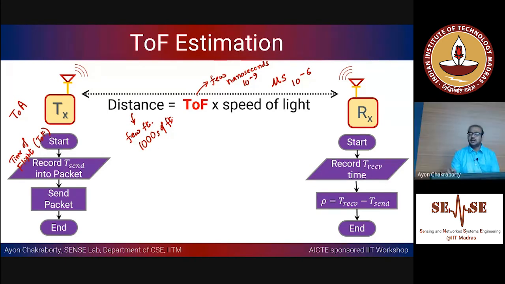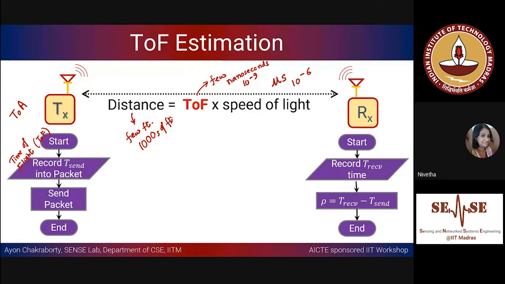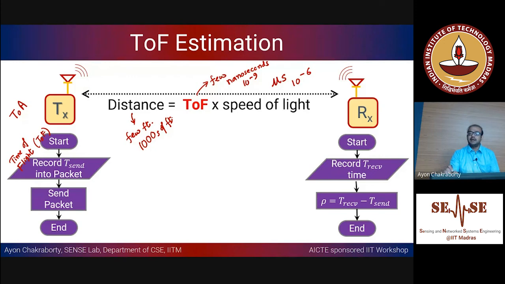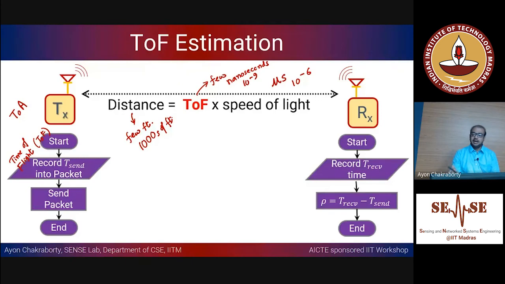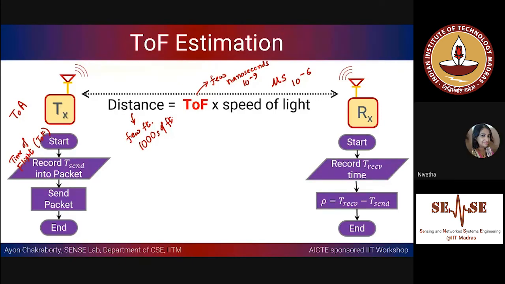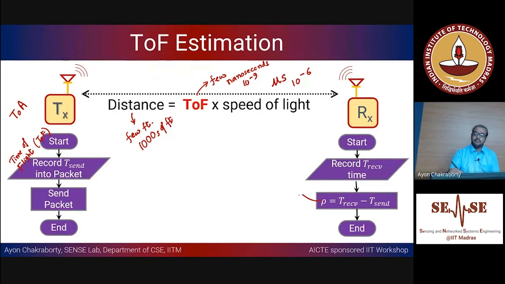On the receiver side, we retrieve the time when the packet arrived at the radio, record that time, and find the time of flight rho as the difference between T receive and T sent. That difference gives me the value of time of flight, which is what we are trying to get at.